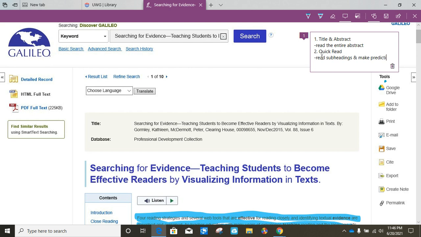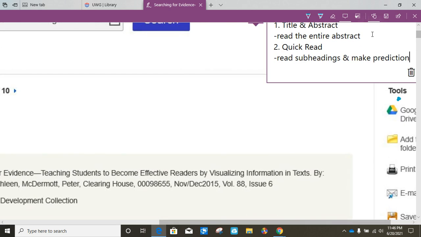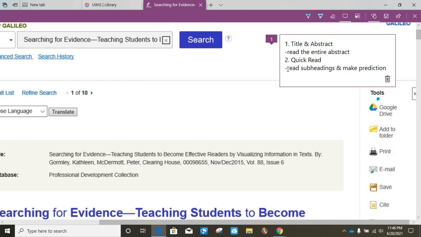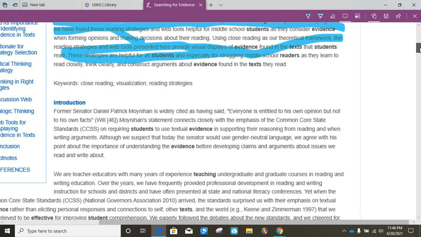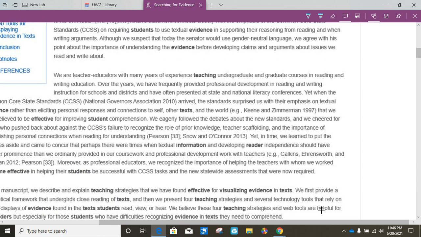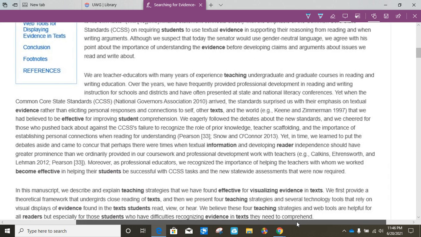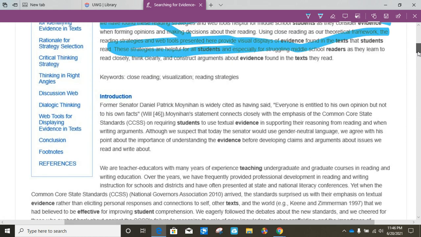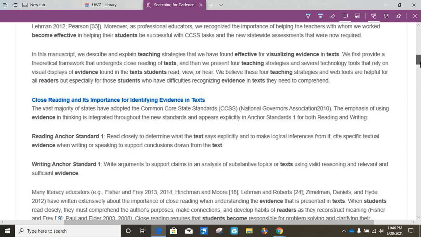So this particular text has a couple of different subheadings. I have an introduction. That is going to be our attention getting statement that our author has used in order to get our attention.